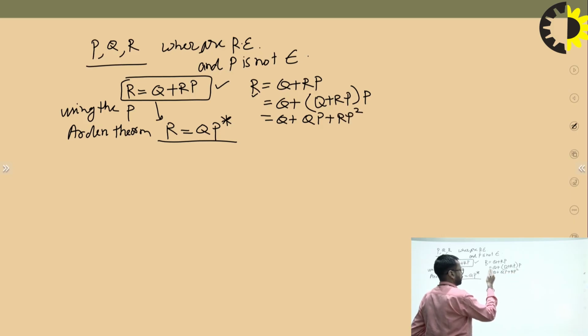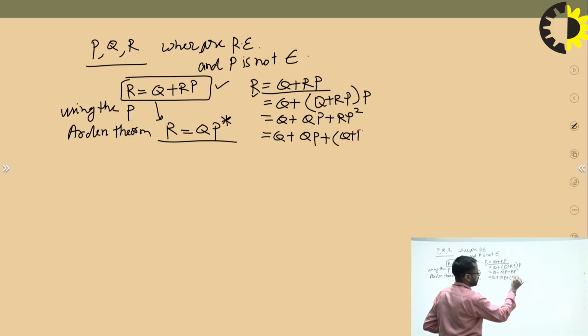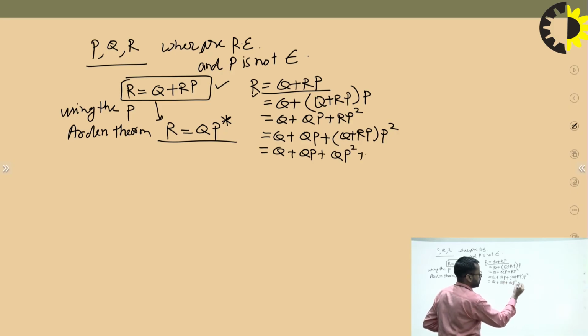If we again use the value of R, that is Q plus RP, on the right side, the resultant will be Q plus QP plus (Q plus RP) P square, which gives QP square plus RP cube.